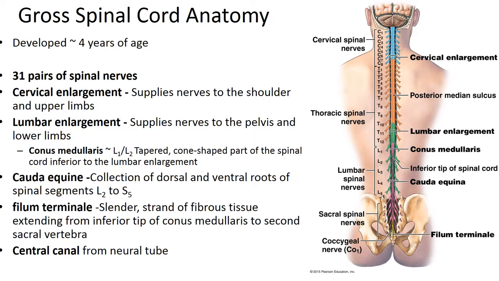Hence, this region is known as the cauda equina. The filum terminale is a slender strand of fibrous tissue that extends from the tip of the conus medullaris to the second sacral vertebra. It provides longitudinal support to the spinal cord as a component of the coccygeal ligament.